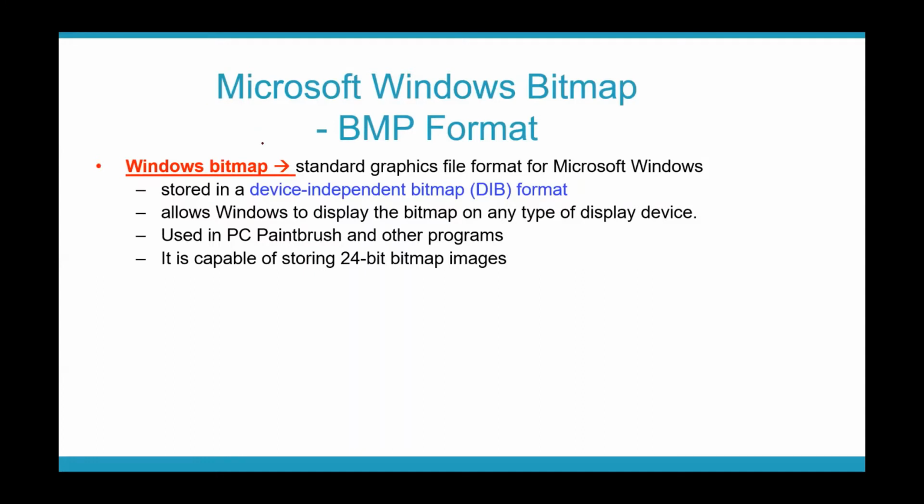Windows bitmap is a format which was brought about by Microsoft Windows. There are two types of Windows bitmap files. One is the Windows dependent format, Windows bitmap, and the other is the device independent bitmap format, the DIB format.